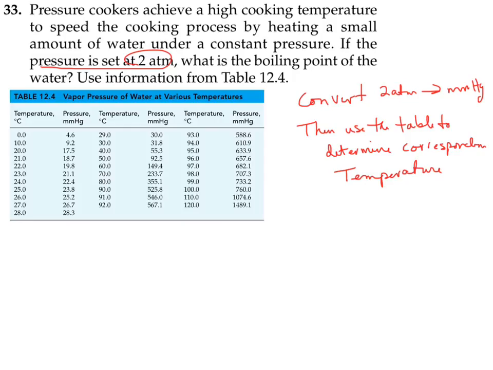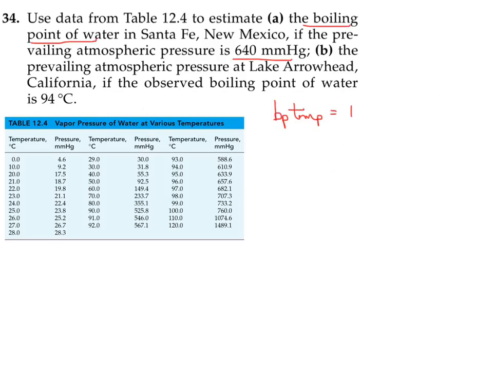So basically you convert 2 atmospheres to millimeters of mercury, and then you find that on here to find the boiling point temperature. And remember, those are in units of Celsius. All right. And 1 atmosphere is 760 millimeters of mercury. And this one you use the table too.